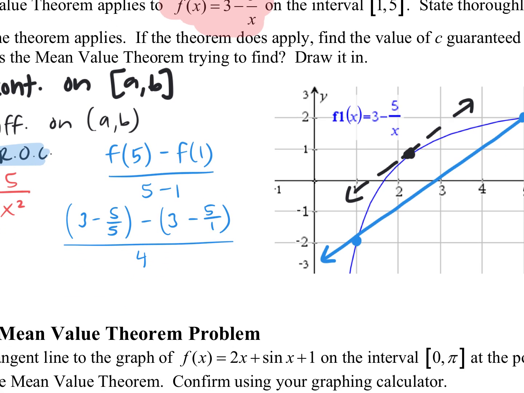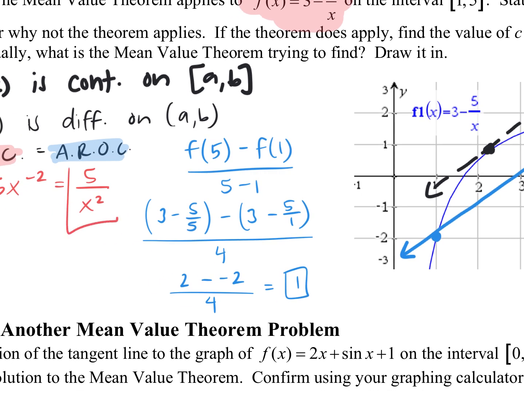Okay, if we simplify that, I get 3 minus 1, so that would give me 2. So 2 minus, and then 3 minus 5 gives me a negative 2. So this would end up equaling positive 1. Okay, so my average rate of change is 1.